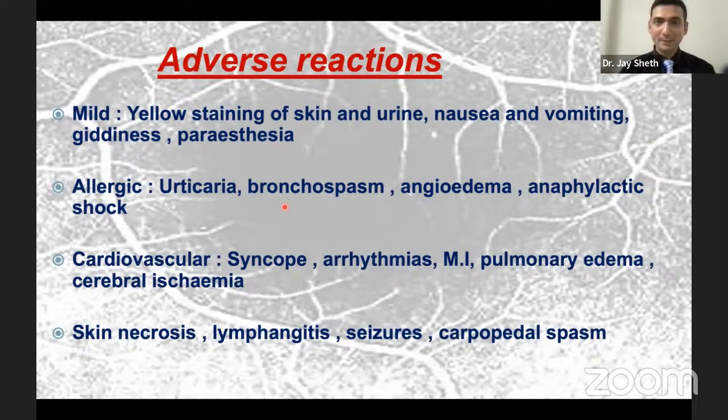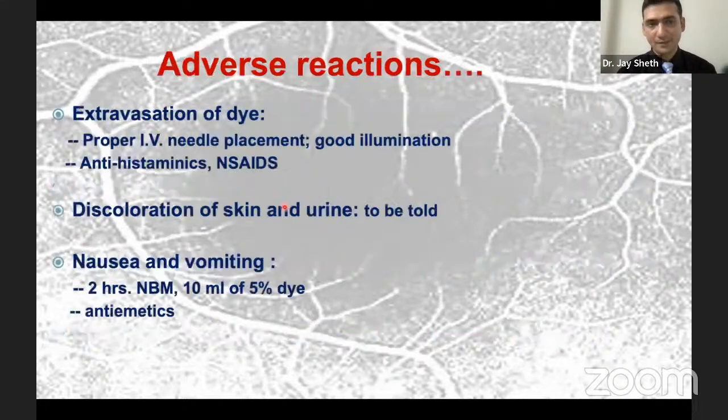At the same time, the patient may develop local reactions due to the dye, including necrosis of the skin and lymphangitis. The patient may develop seizures or even carpopedal spasms. Now, one very common thing that can happen is an extravasation of the dye if the intravenous needle is not placed properly.